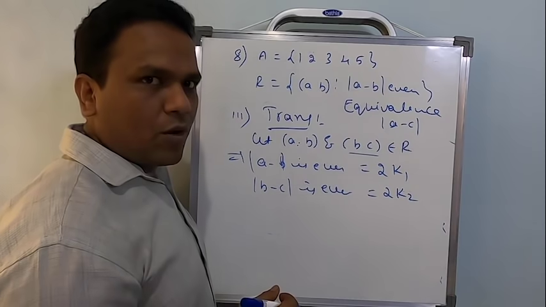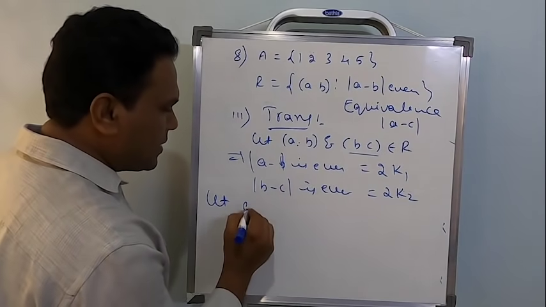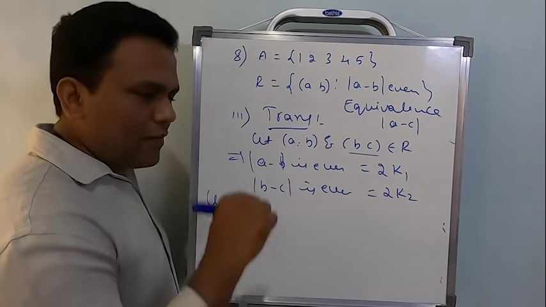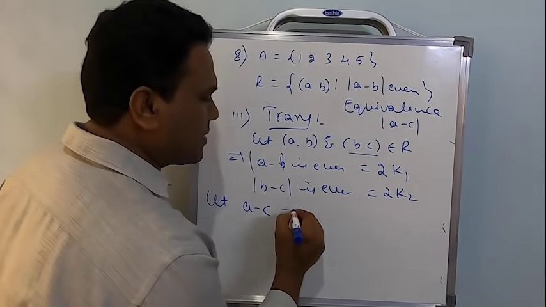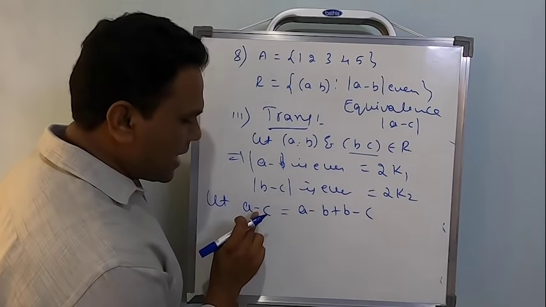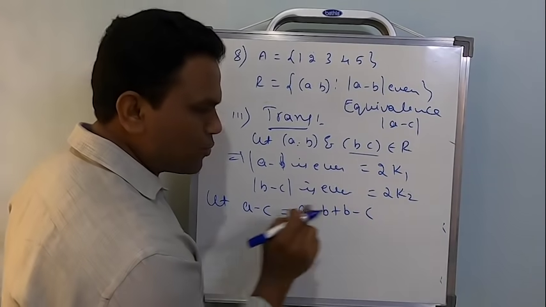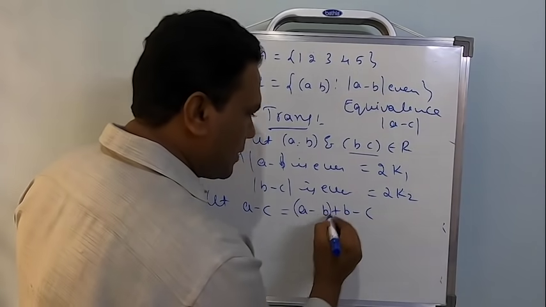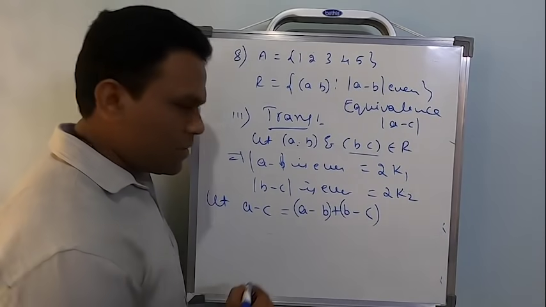I am not going to start with mod. Let me start with A minus C; mod I will take later. Can I write A minus C as A minus B plus B minus C? Add and subtract B on the left hand side. Let me take these as two different groups.